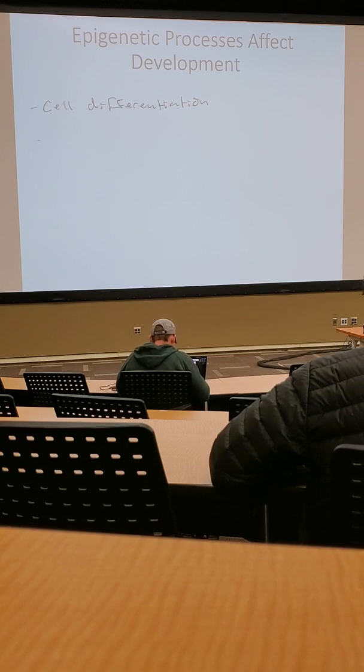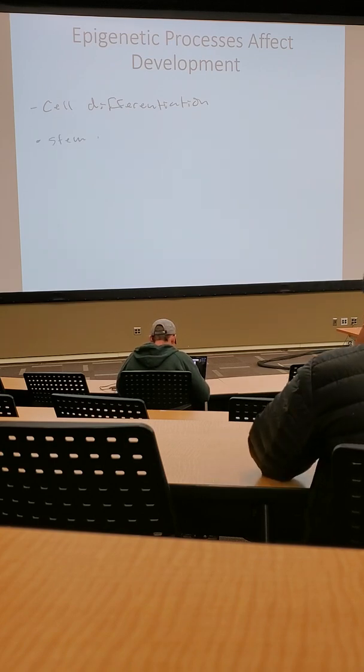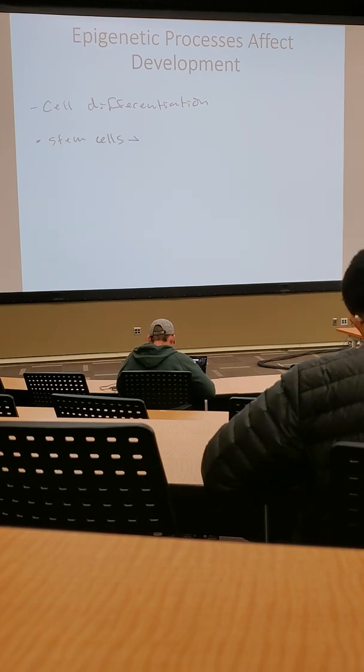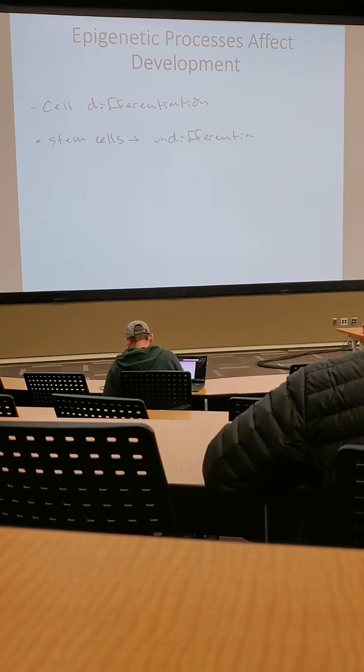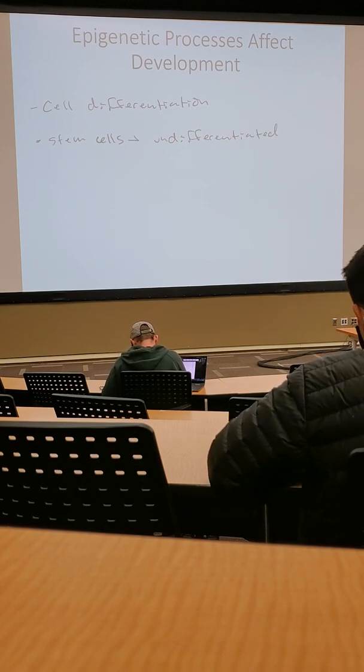So just some terminology that your book was talking about. First we have stem cells. So these are undifferentiated. Stem cells are often described, even though I don't think this is 100% the case in all stem cells, but oftentimes we describe stem cells as being pluripotent.